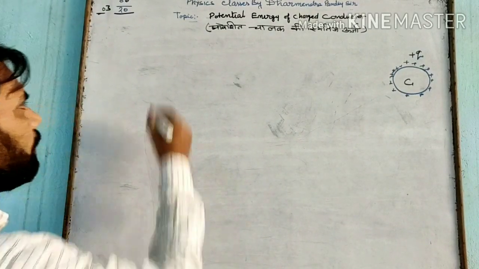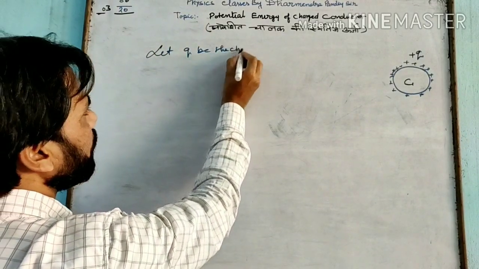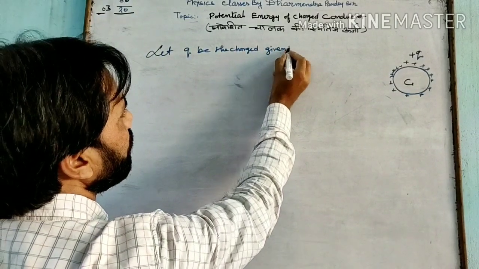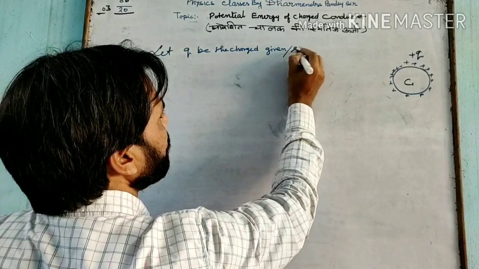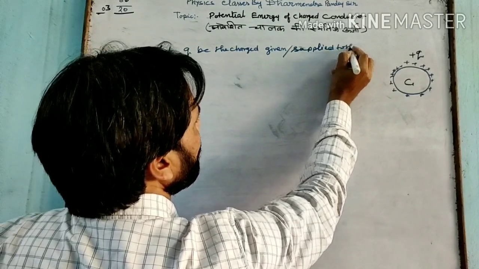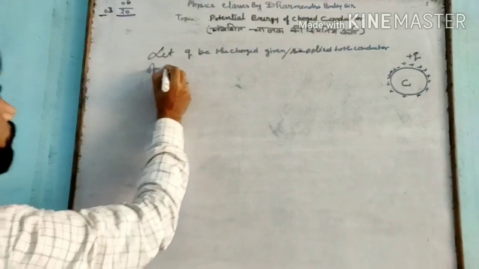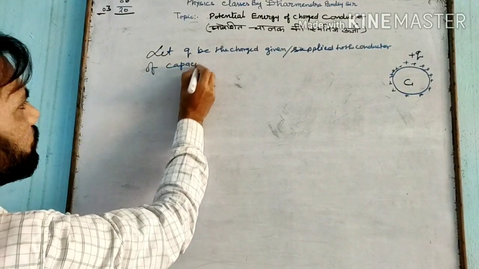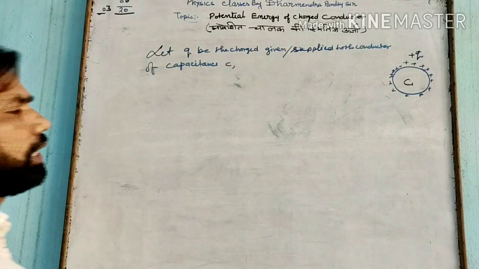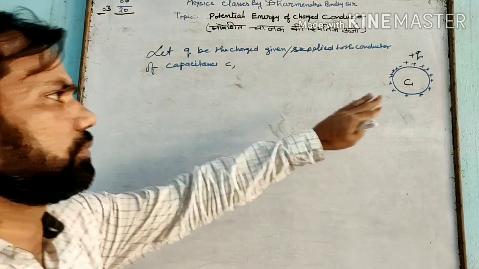Let Q be the charge given or supplied to the conductor of capacitance C. Definitely there must be certain potential on the conductor.